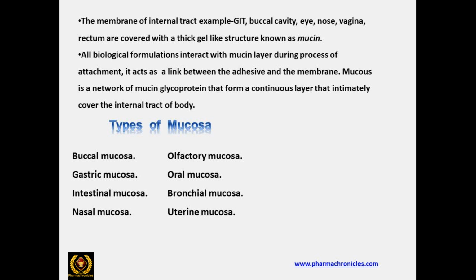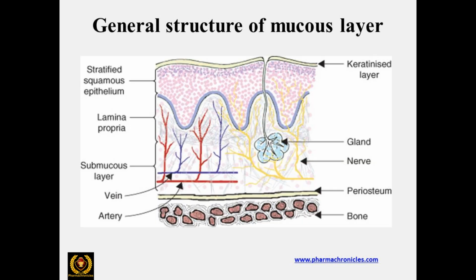Types of mucosa: buccal mucosa, gastric mucosa, intestinal mucosa, nasal mucosa, olfactory mucosa, oral mucosa, bronchial mucosa, uterine mucosa. General structure of mucus layer.